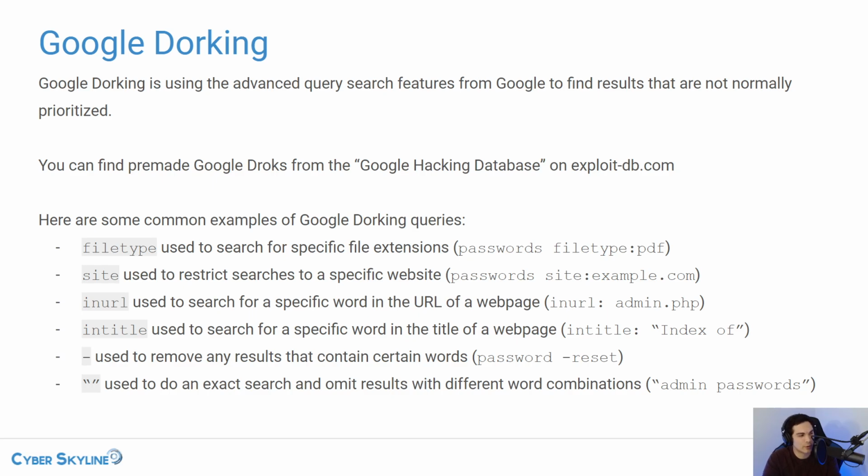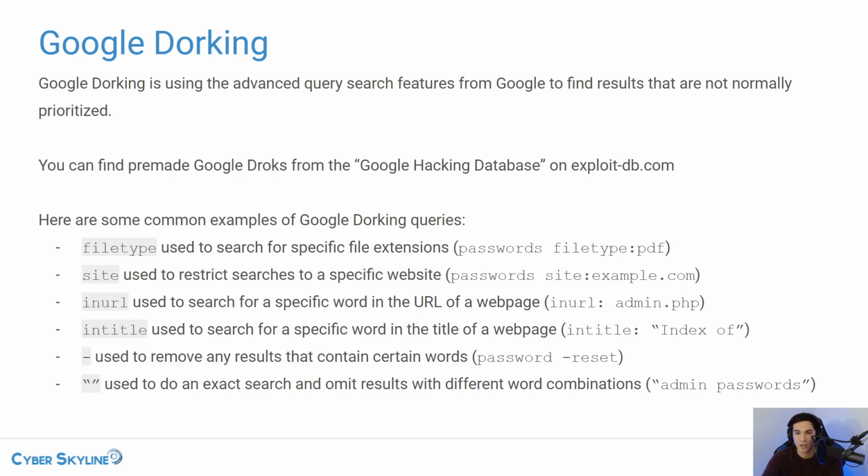You can also use inurl and intitle to help you find keywords in the URL or title of a page. This can be particularly helpful if you are searching for specific admin panels or pages which are well known for pieces of software.